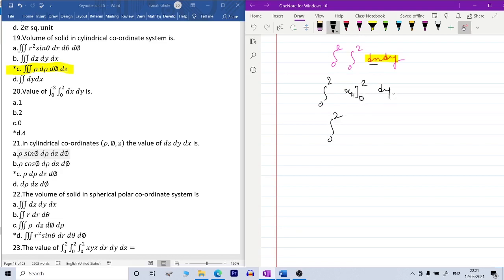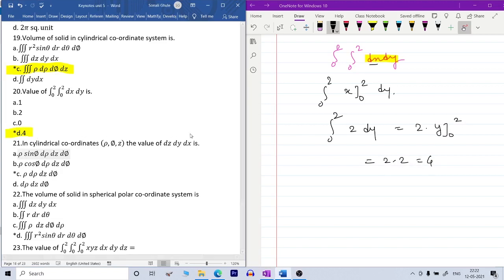Integration 0 to 2, applying limits, 2 minus 0, it is 2. Now 2 is constant and integration of constant is y. Integration 0 to 2, again applying limits, 2 minus 0 is 2. So 2 into 2, we get the final answer is 4, as you can see here.